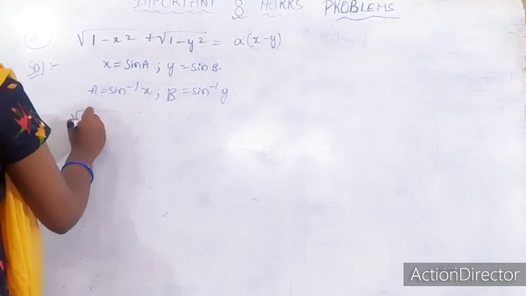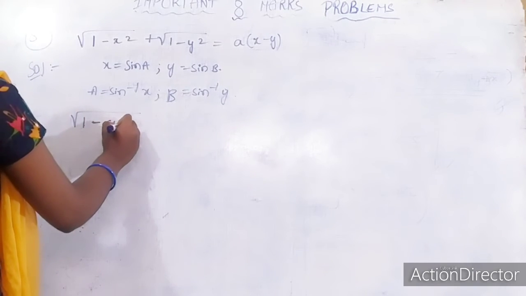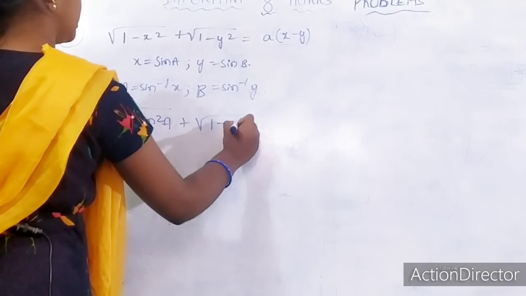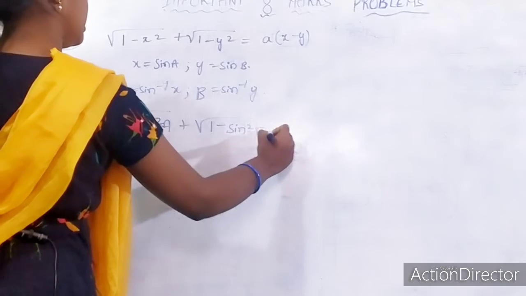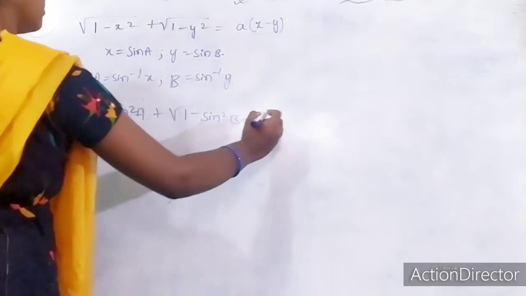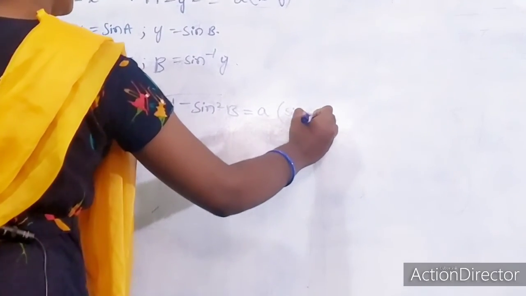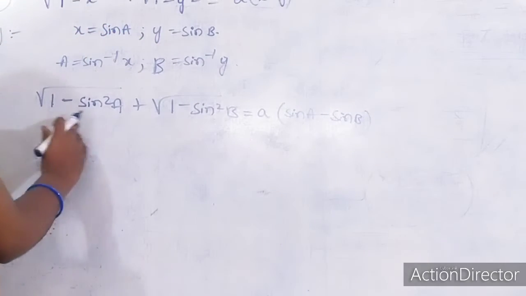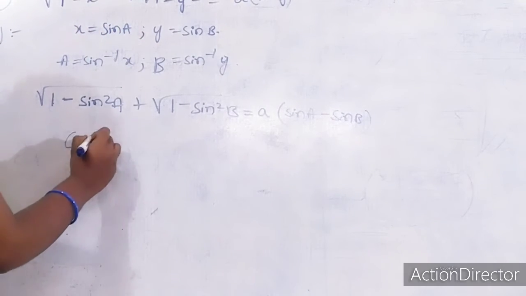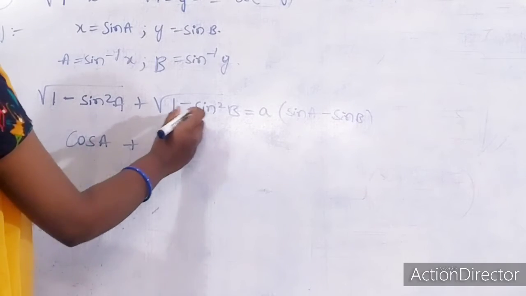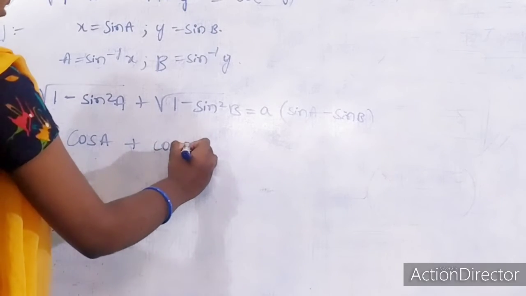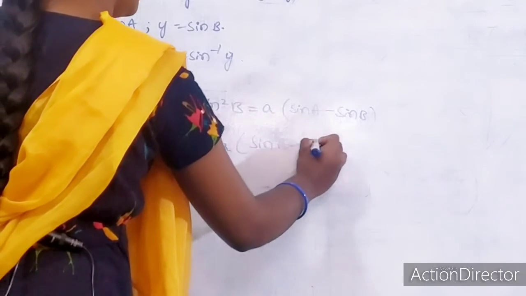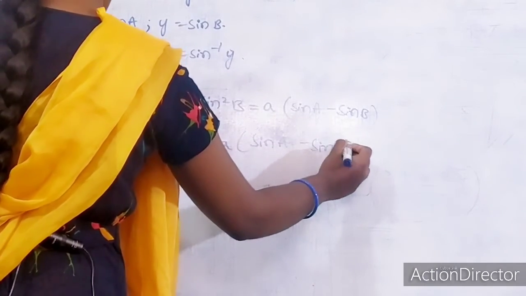Now we will write root of 1 minus sin square a plus root of 1 minus sin square b is equal to a into sin a minus sin b. So 1 minus sin square a can be written as cos a and 1 minus sin square b can be written as cos b, that is equal to a into sin a minus sin b.